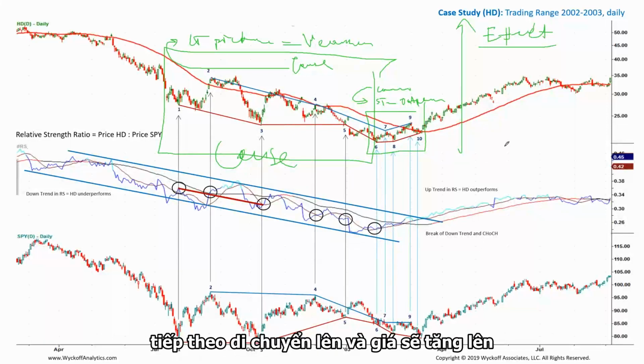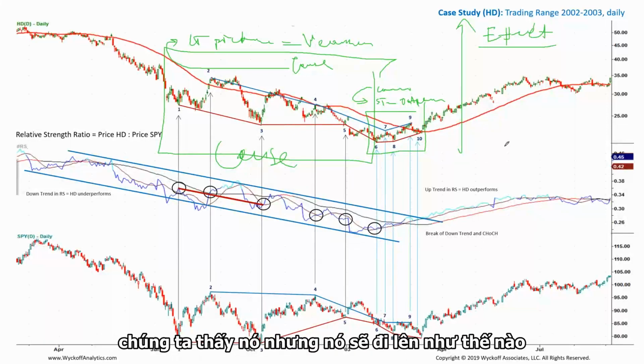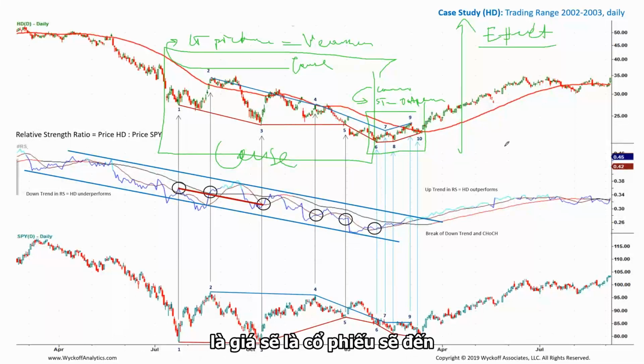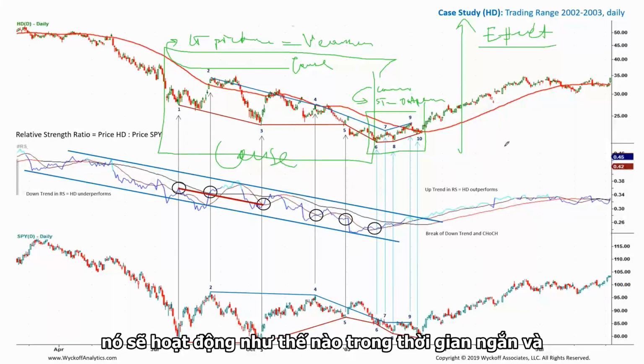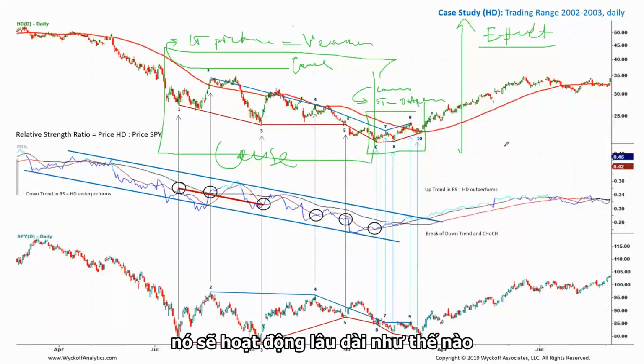The price will move up, we see it. But how is it going to move up? Is the stock going to start outperforming? And if it's going to outperform, how is it going to perform short term and how is it going to perform long term?